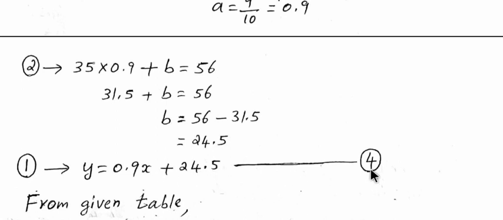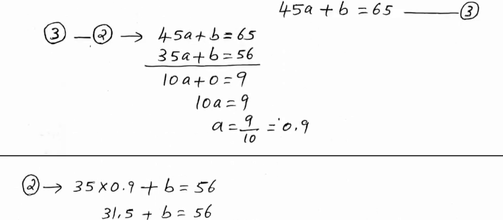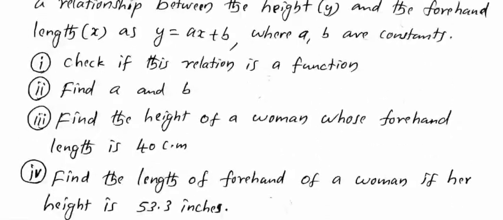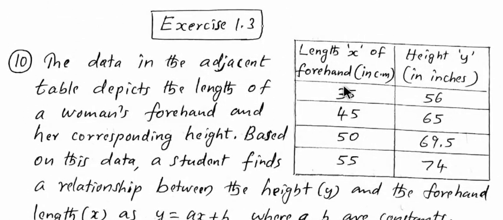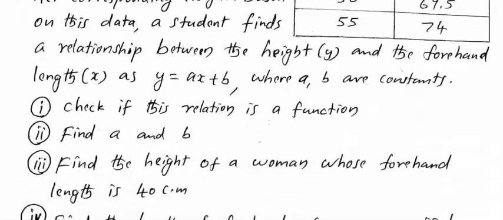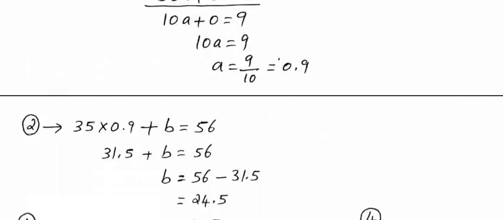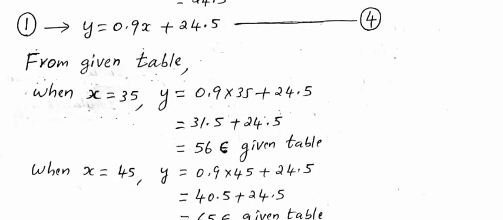Put equation number 4. Then given table, in our table, first column are the values of x and these are the values of y. Take all the values from first value to last value.